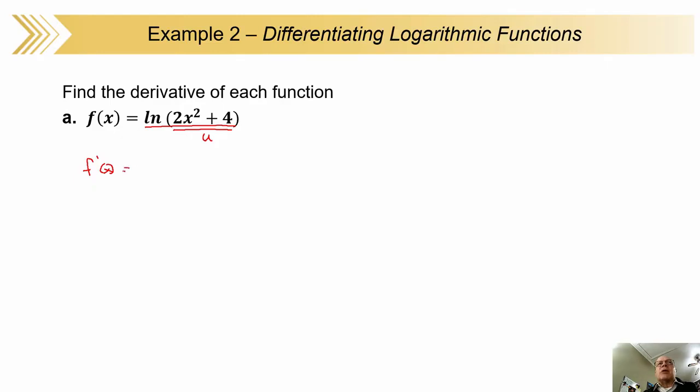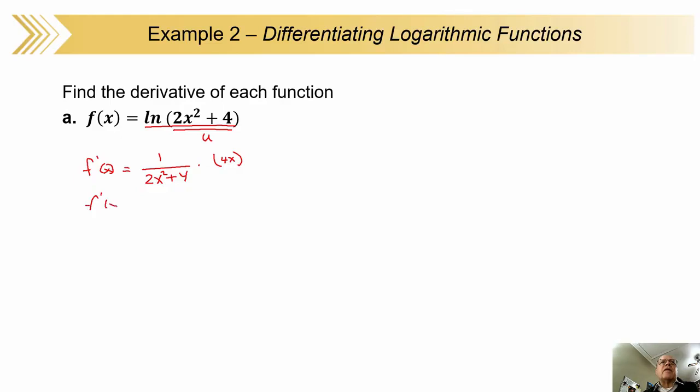So this will be similar. So just start by 1 over the 2x squared plus 4. But remember the chain rule. We have an inside function, so we have to take the derivative of that. And the derivative of that is just 4x.